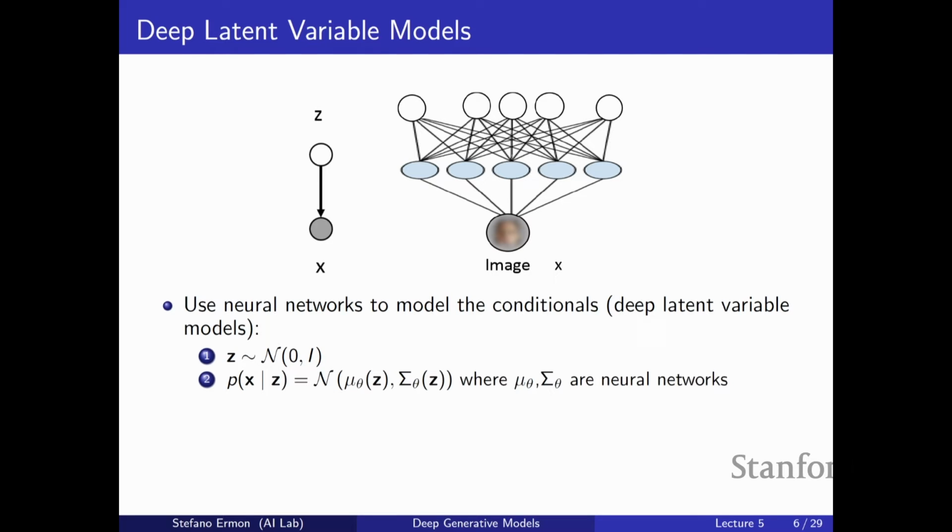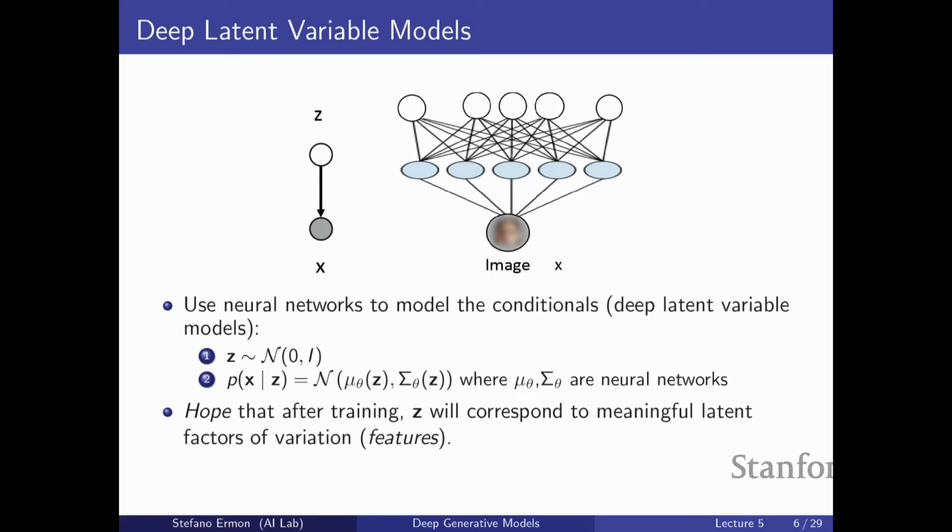And then we model the conditional distribution of x given z using some kind of deep generative model, where we have a simple distribution, let's say a Gaussian, but the parameters of this distribution depend in some potentially complicated way on the latent variables through, let's say, a couple of neural networks, mu theta and sigma theta, that give us the mean and the standard deviation that we're expecting for x, given that the latent variables take a particular value.